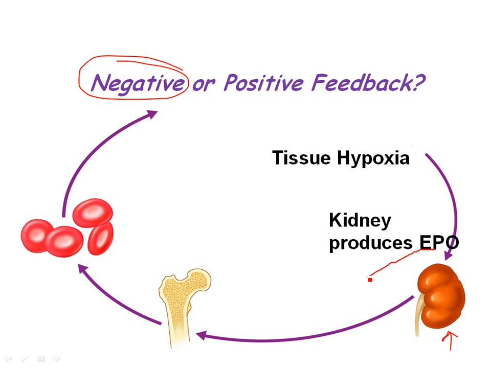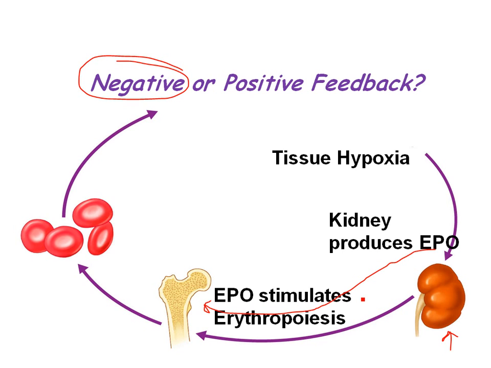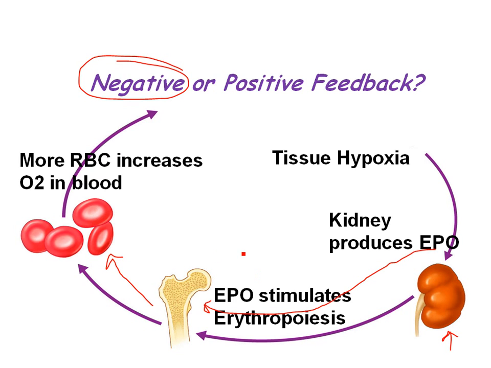Erythropoietin is secreted into the blood supply, where its target organ is the red bone marrow. And it will act on a stem cell that we'll name in a moment and trigger erythropoiesis. You can't get erythropoiesis without erythropoietin. The end result of triggering that process is that you're going to increase your erythrocyte production and release those red blood cells into the blood.